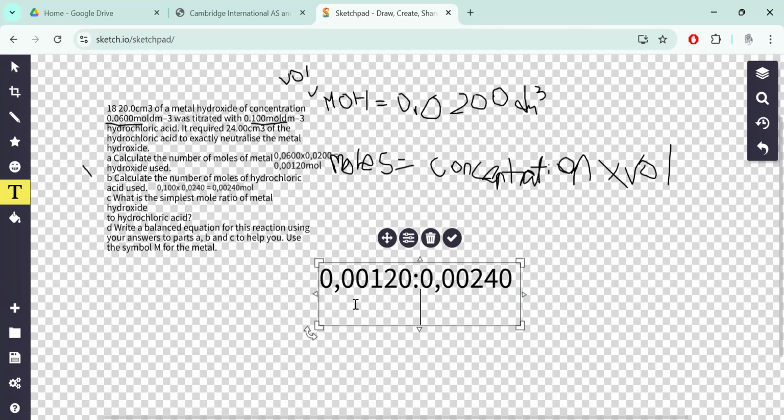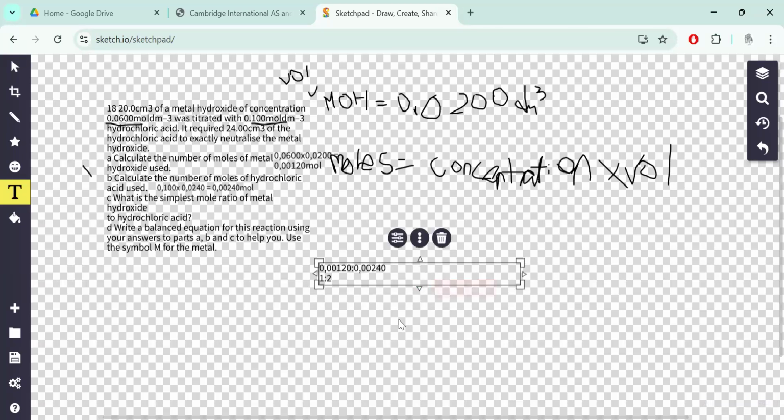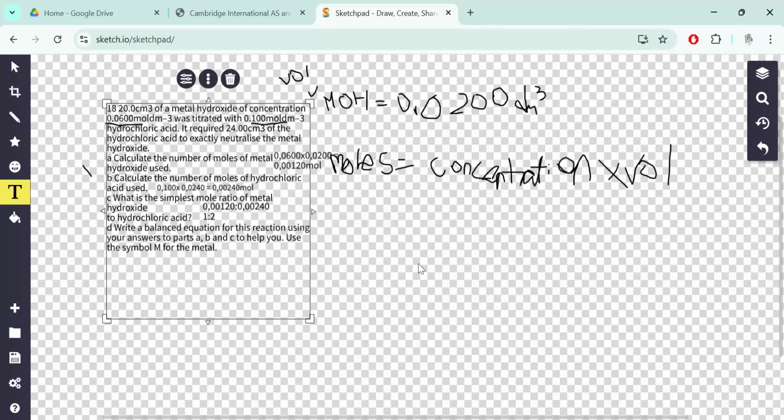So 12 divided by 12 is 1, and 24 divided by 12 is 2. So the simplest mole ratio would be 1 to 2. This is the answer for part C. If you have any questions about this, feel free to ask.